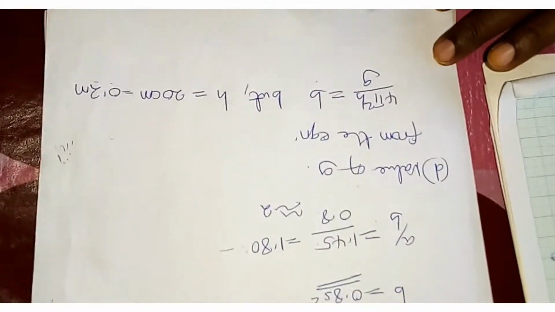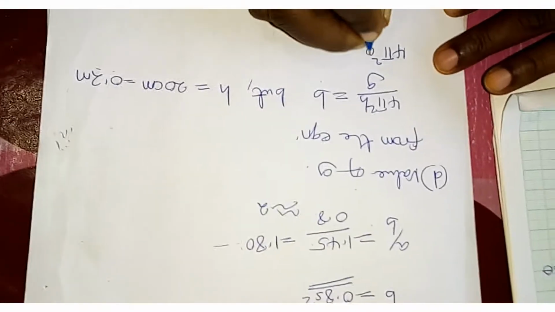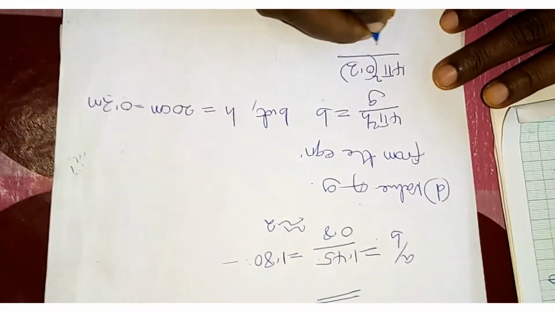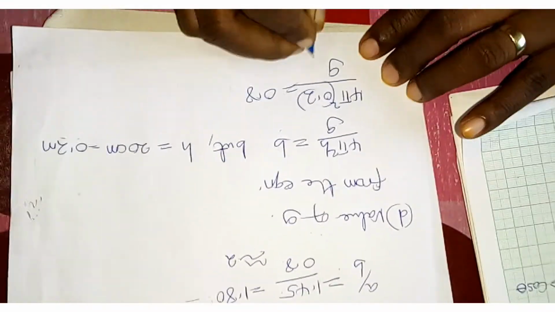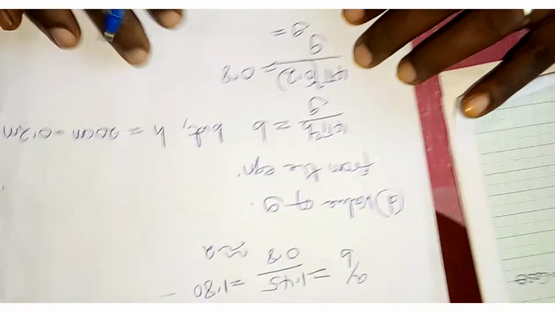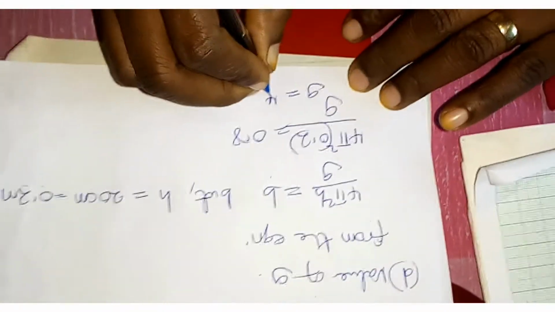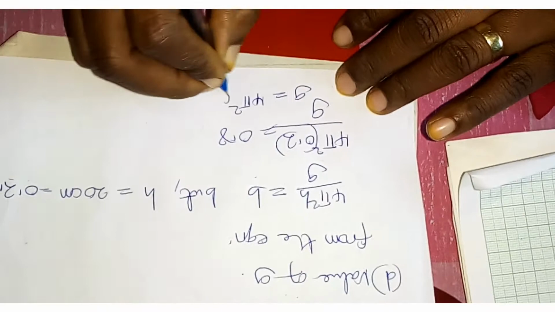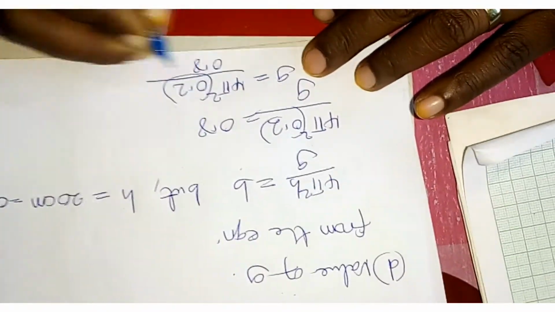So if h is equal to 0.2 meter, here we have 4 pi squared times 0.2 dividing by g is equal to 0.8. Making g the subject, g could be equal to 4 pi squared times 0.2 in terms of meters dividing by 0.8.